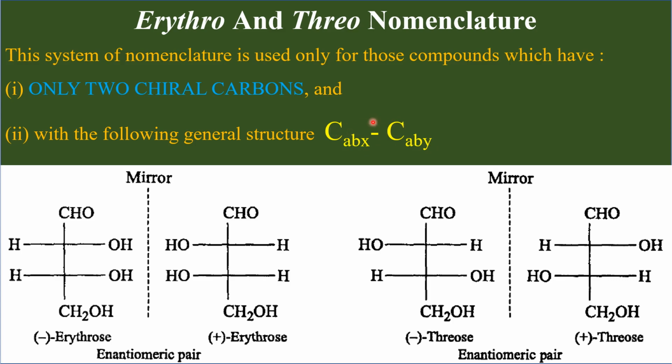These two carbon atoms are connected by a single bond, and in both the carbon atoms two groups should be the same. A and B are the same. Here you see H and OH. Two groups are the same and the third group should be different. So only for molecules obeying these two conditions, we are applying this erythro-threo nomenclature.